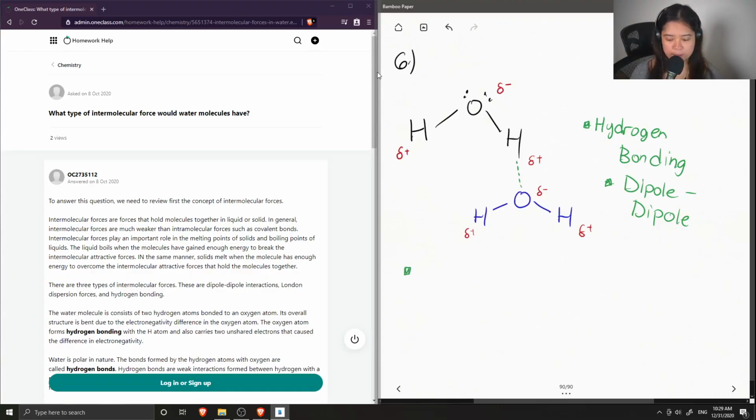And another intermolecular force would be London dispersion forces.